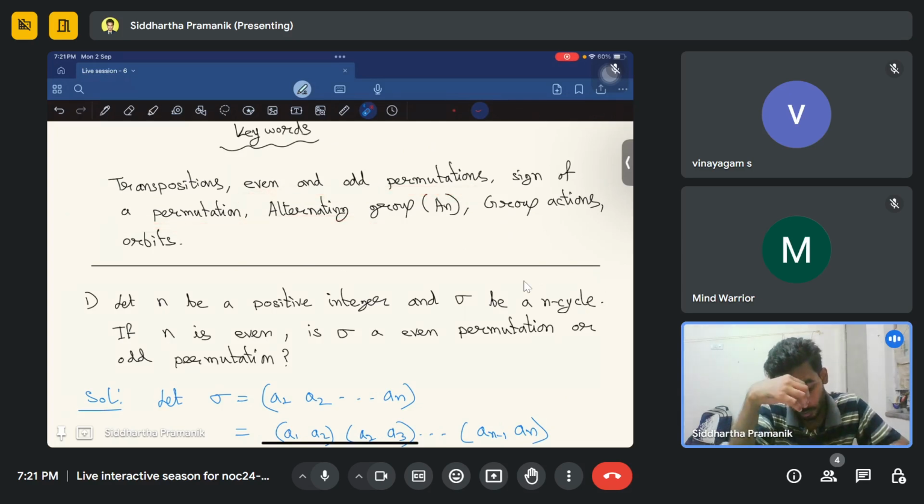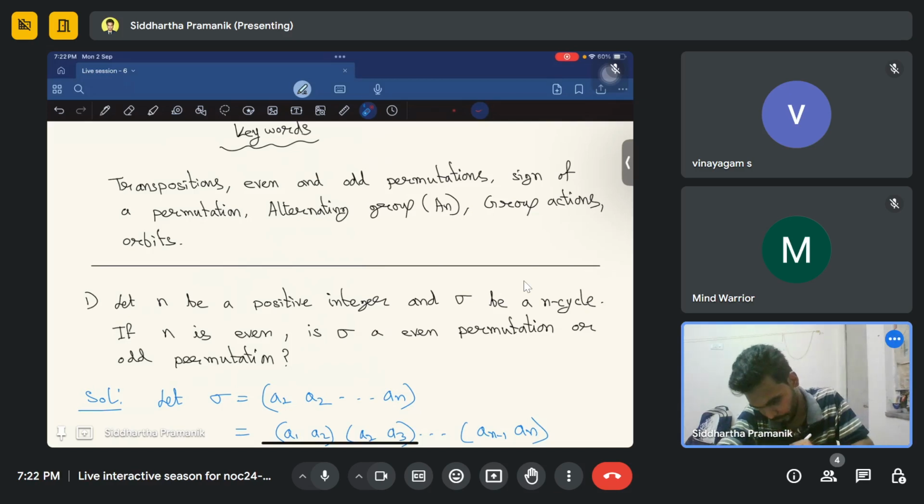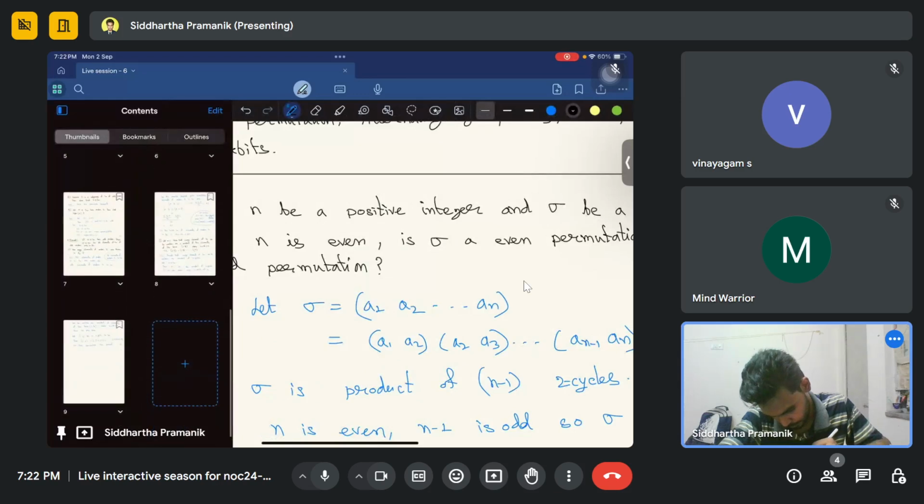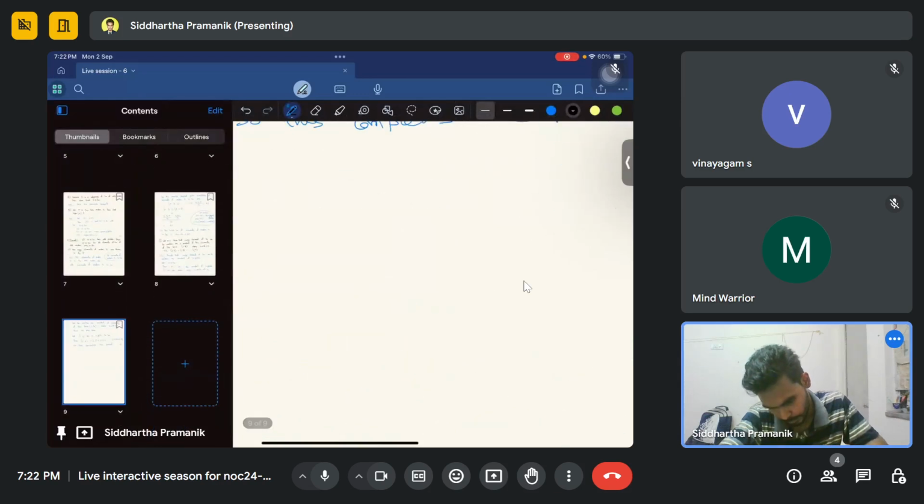Now let's move on to another topic, which is group actions. So this topic is somewhat geometrical. Let's try to see why. So meanwhile, do you have any doubt in between?